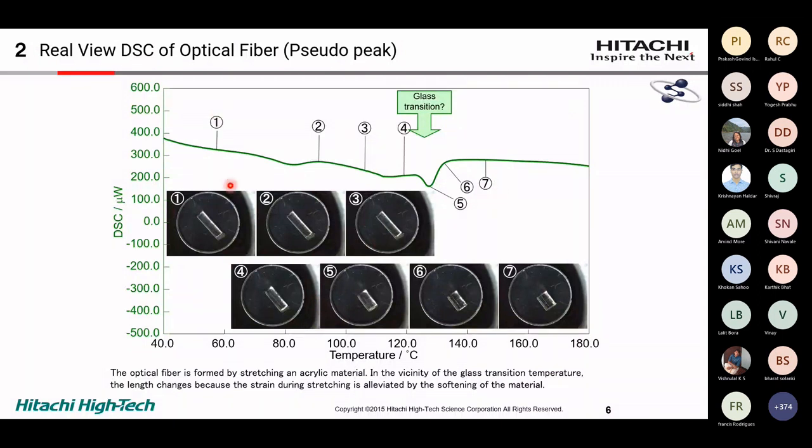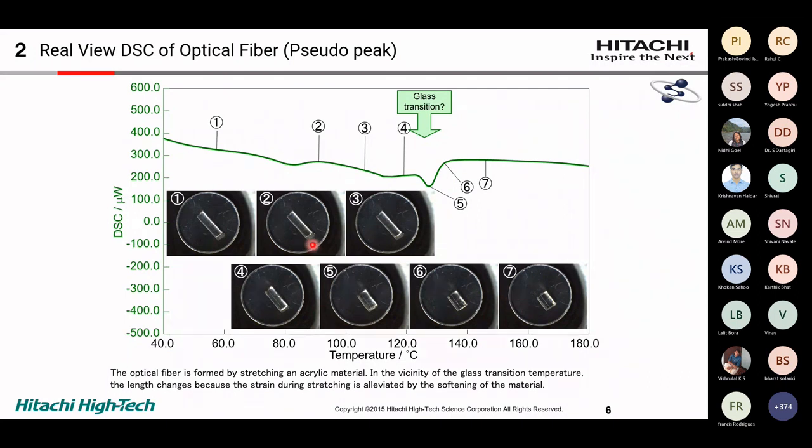Look here at room temperature, at the size of the sample. As the temperature is increased, the material is shrinking, and then you can correlate the data you are obtaining from the DSC curve with the images obtained.